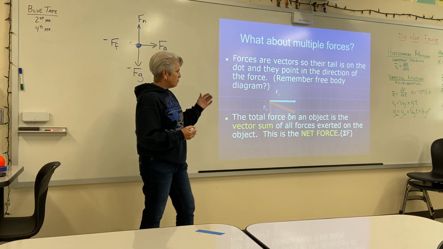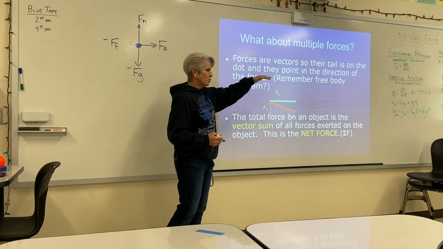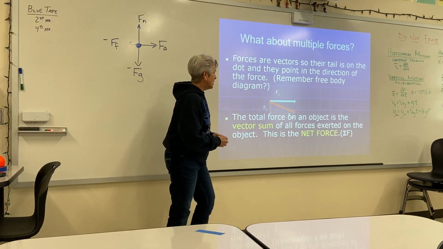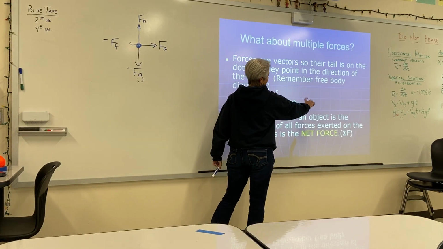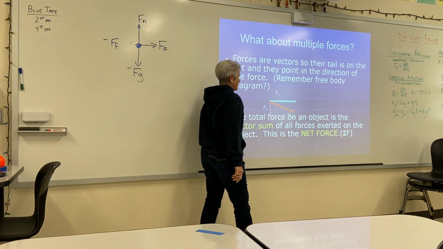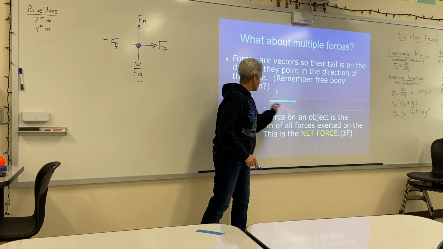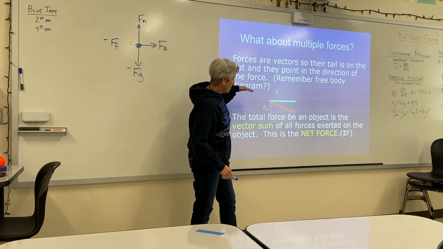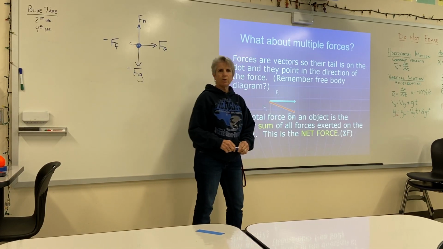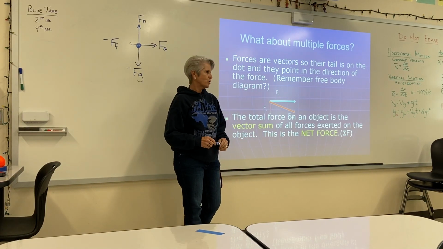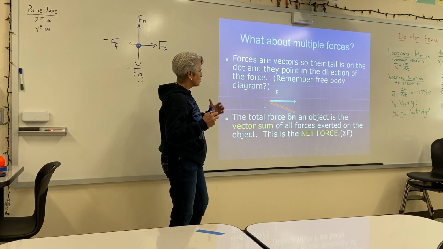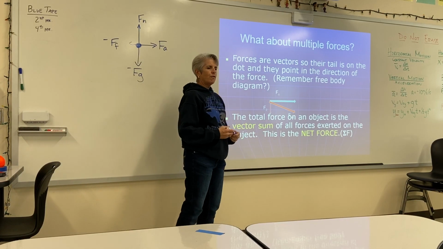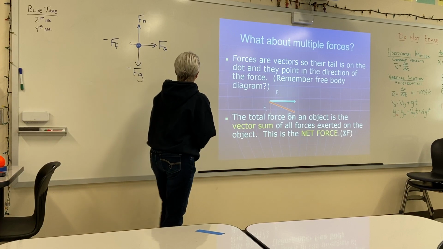So if I had force 1 horizontally and force 2 vertically, I would pick up force 2 and slide it over and put its tail at the head of force 1, so it's going out and then down. My resultant force would be the red arrow. That is the net force on the object. It's the vector sum of all of the forces that are acting on the object.